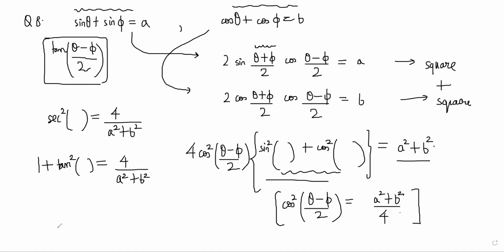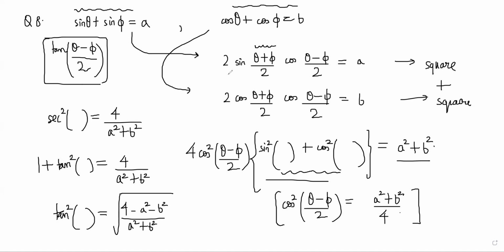So tan square of that angle is equal to this minus 1, which is (4 minus A square minus B square) by (A square plus B square). The square root of that is the answer. Do you understand what is happening?